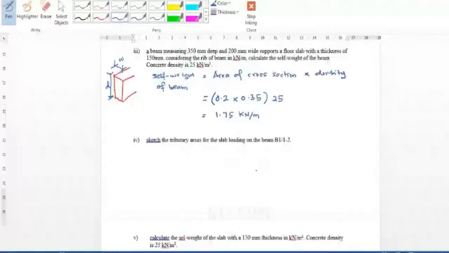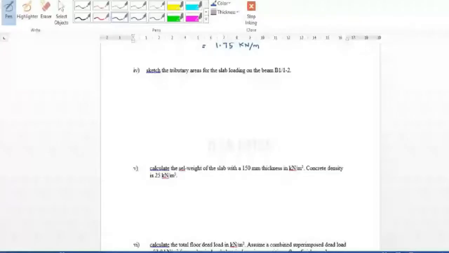Okay, guys. Next is sketch the 3 by 3 area. So before sketching, what we are going to do is identify whether the slab distributes the load to the beam as a one-way slab or two-way slab.